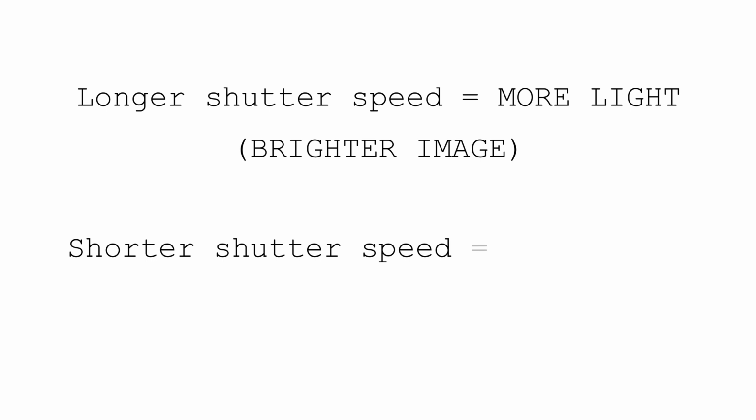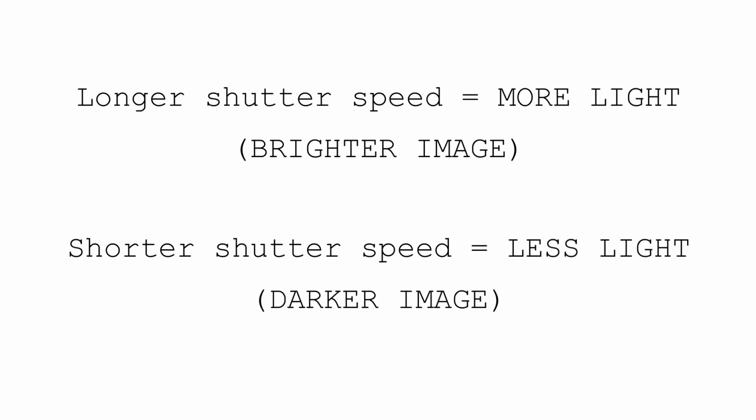The longer the shutter speed, the more light the camera can gather, giving you a brighter image. The shorter the shutter speed, the less light the camera can gather, giving you a darker image.